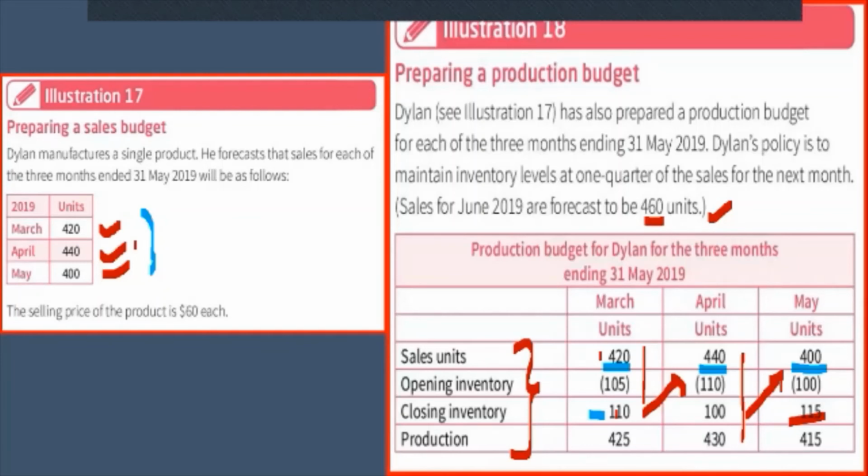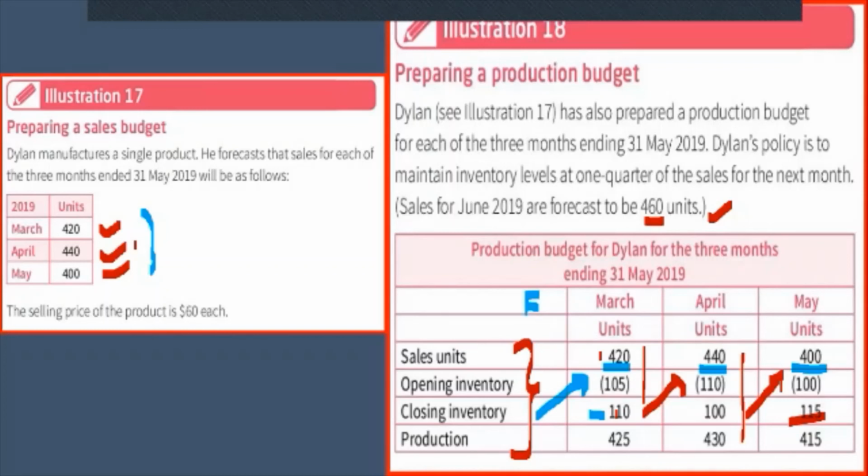It would have been the closing inventory if we had February here, and we would have brought it in here. Okay, let's call this column February just so you can see where the figures are coming from. When we add it down, we get 420, plus 110 minus 105, 425.